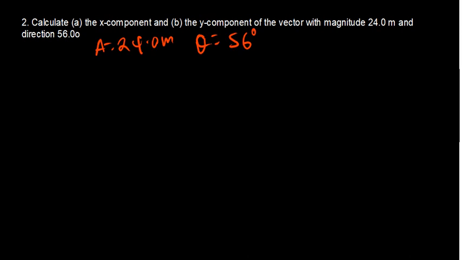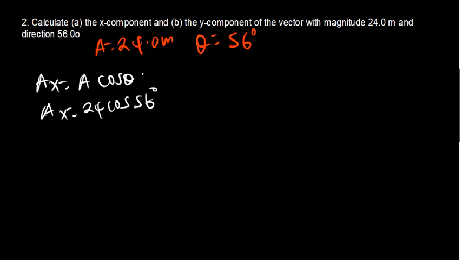To find the x component is simply saying ax is going to be equal to A cos theta. So ax is going to be equal to 24 cos 56 degrees. What answer are you finding?